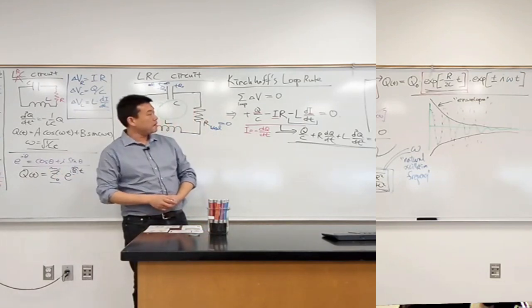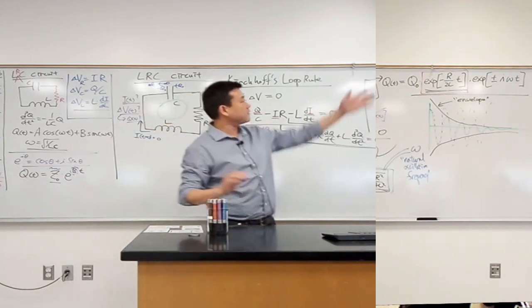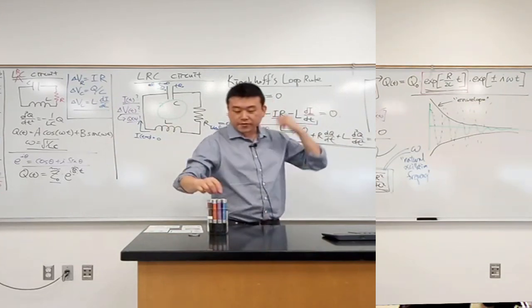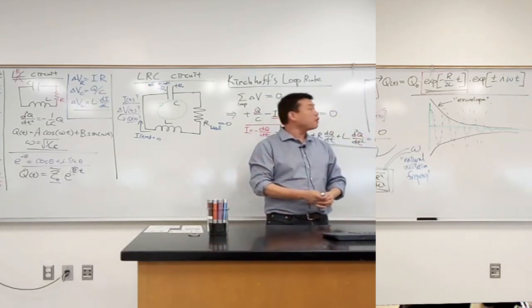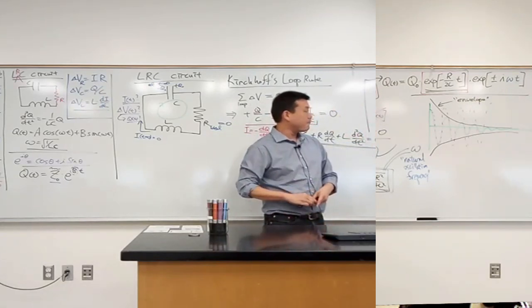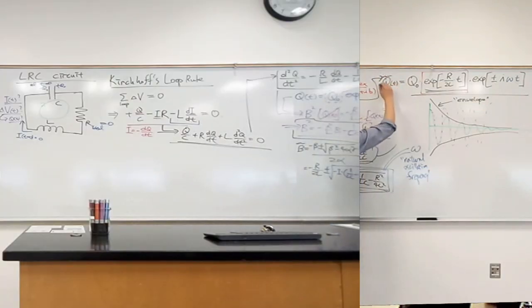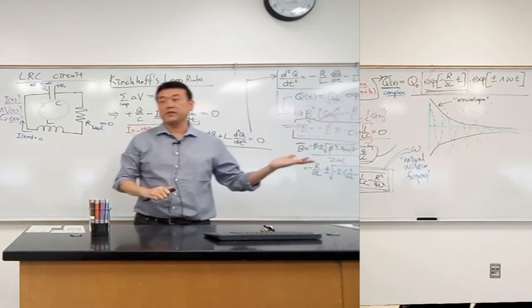Okay, let me pause and address one last question. As you look at this, I hope if you think about this for the right amount of time, it bothers you that this charge as a function of time is a complex number. Because even the word imaginary number has a slur attached to it.